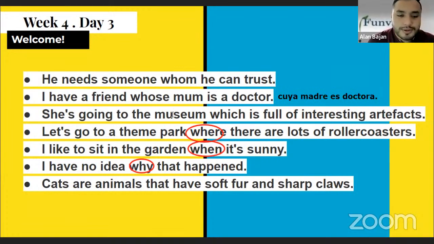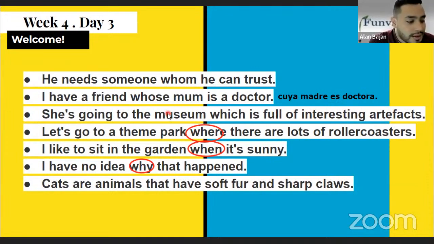She's going to the museum. Okay, she's going to the museum. That expresses an idea, but is incomplete because I want to describe the subject. I want to define the characteristics of the subject. What is the subject? The museum.